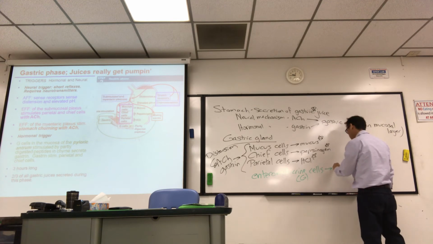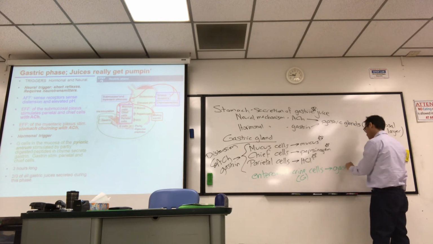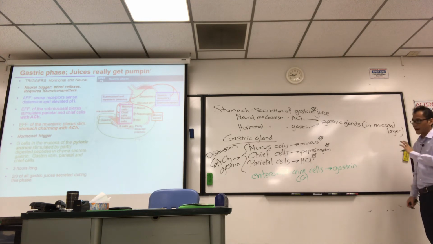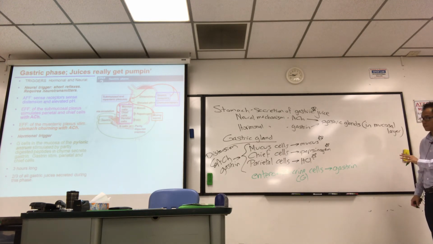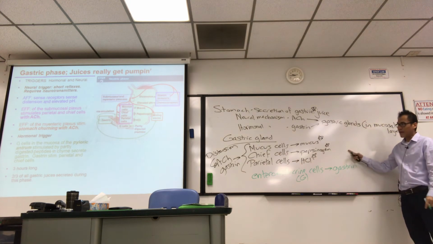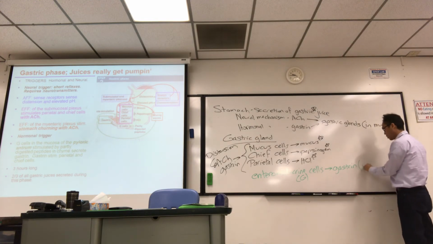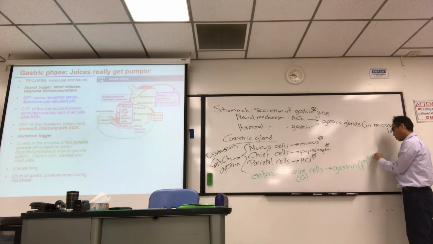They secrete more gastrin, but again, you only see this in the pyloric region. But they would be a part of this gastric gland that I'm presenting to you, but only in the pyloric region. If partially digested peptides present themselves to the pyloric region. Pyloric region only.